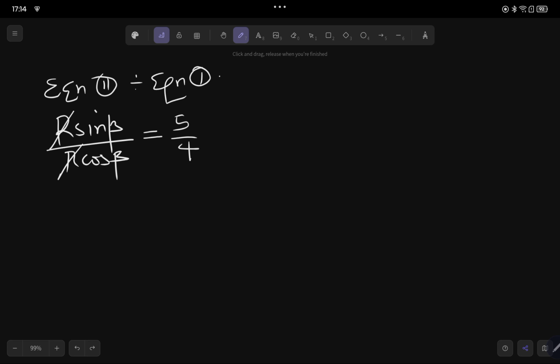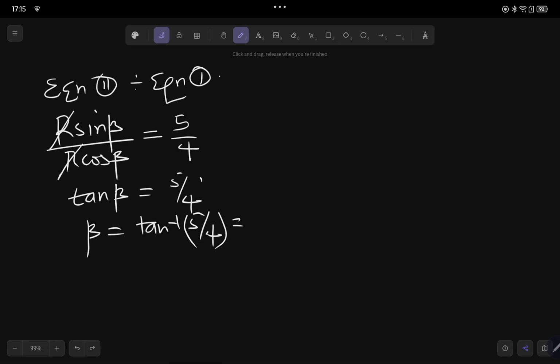R goes with R, you get tan beta is 5 out of 4. So our beta is tan inverse of 5 out of 4. Using your calculator, it will give you 51.3 degrees. Therefore, we have now got our final expression.